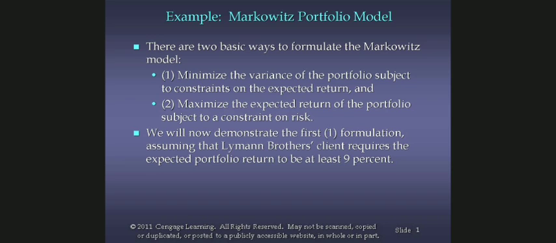Let us assume that Lehman Brothers clients would like to construct a portfolio from the 5 mutual funds in the previous tables that will minimize the risk as measured by the portfolio variance. However, the clients also require the expected portfolio return to be at least 9%.